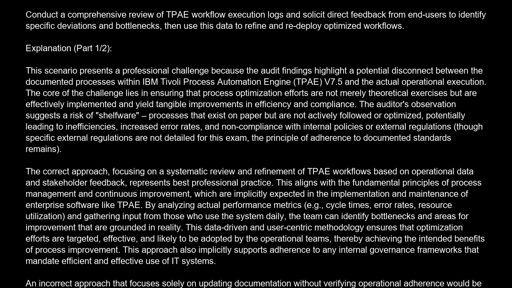This data-driven and user-centric methodology ensures that optimization efforts are targeted, effective, and likely to be adopted by the operational teams, thereby achieving the intended benefits of process improvement. This approach also implicitly supports adherence to any internal governance frameworks that mandate efficient and effective use of IT systems.